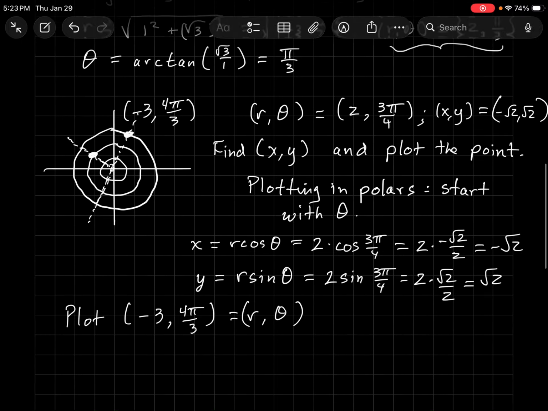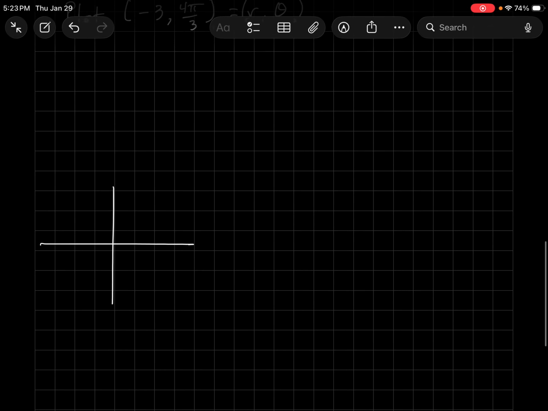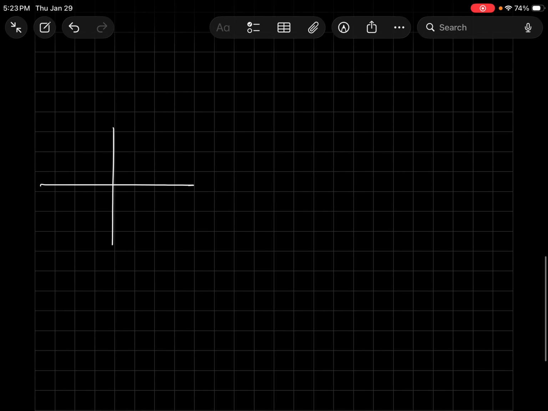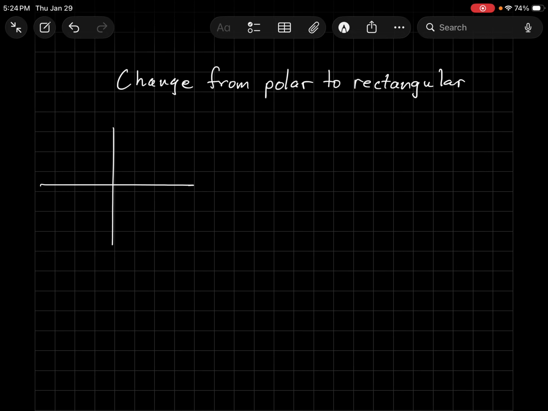Let's do 2 more simple problems. We'll start here by changing from polar to rectangular form. And I'll show you a couple ways to do this next problem. So suppose that my polar form is r equals 4.